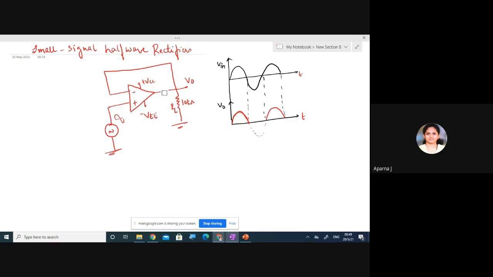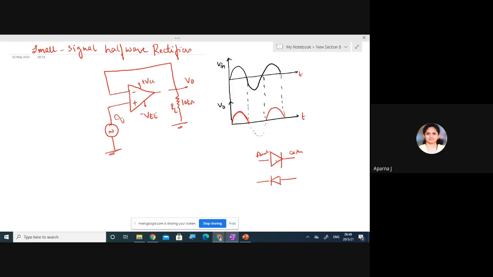Now tell me, you know the diode connection. This is how a diode looks. So this is anode and this is cathode. So how should I connect this? Either in this way or in this way, so that this negative cycle is eliminated.